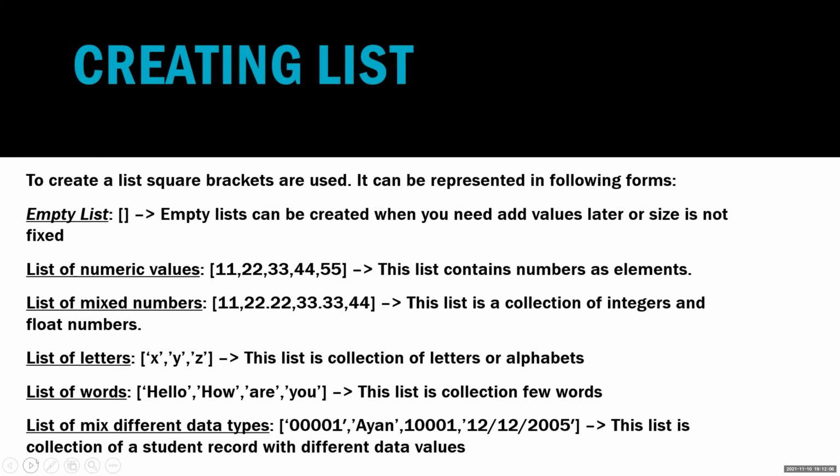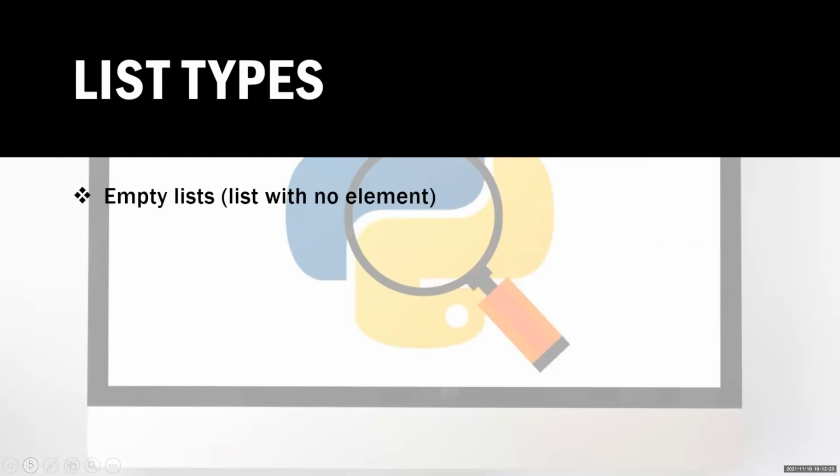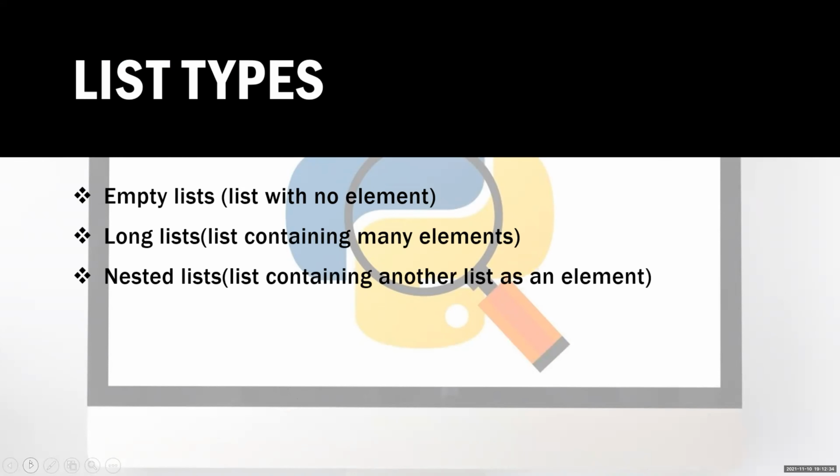As in the previous example I mentioned, name, roll number, date of birth of one student are in this list. So an empty list is a list with no element, a long list contains many elements, and a nested list is a list within a list.